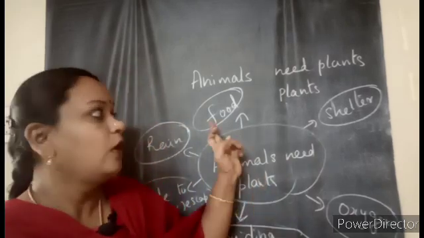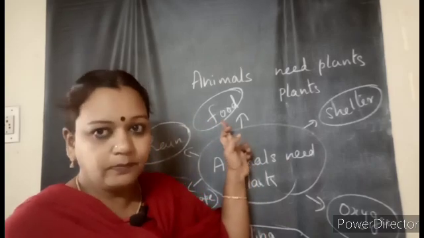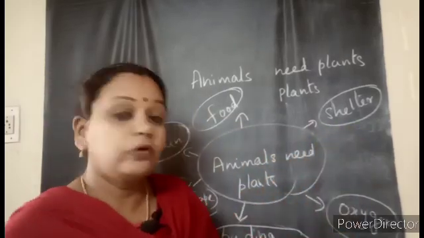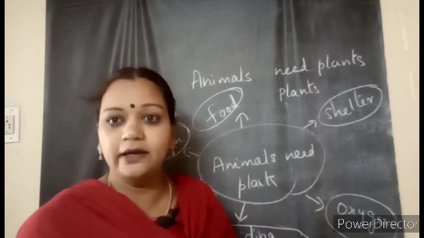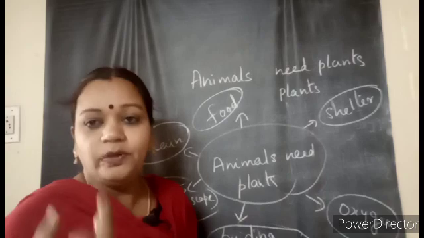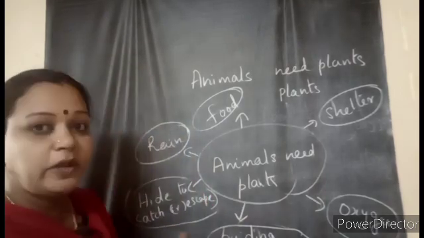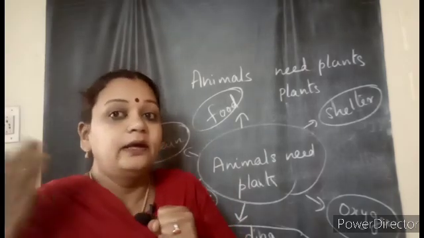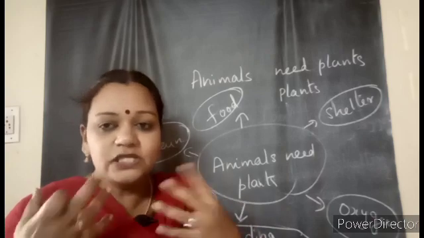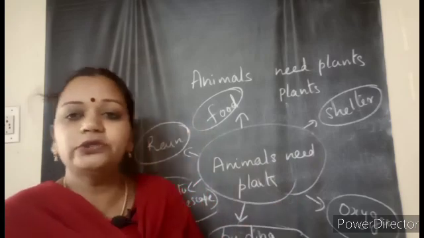They depend on plants for their food. Even though they are flesh eating, indirectly they are depending on the plants. Plant eating animals depend directly, and for their shelter and for oxygen to breathe, they too need the air. Also building materials they get from the plants only. And whenever they want to hide from enemies, or to get their prey, the food they want to eat, or from predators coming to attack, for both they need the plants.